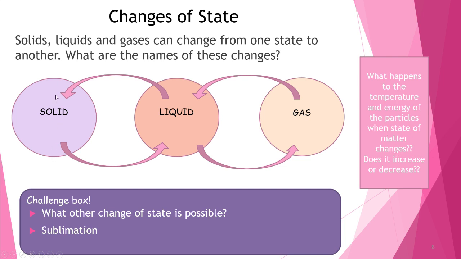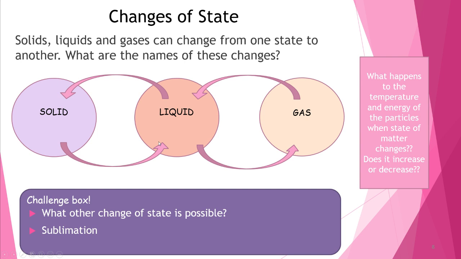For example, we start here with the solid, which is ice. Let's have an example of ice, water and steam. If we start with the ice, what will happen to temperature and energy? These are the two keywords we need to use in our explanation.